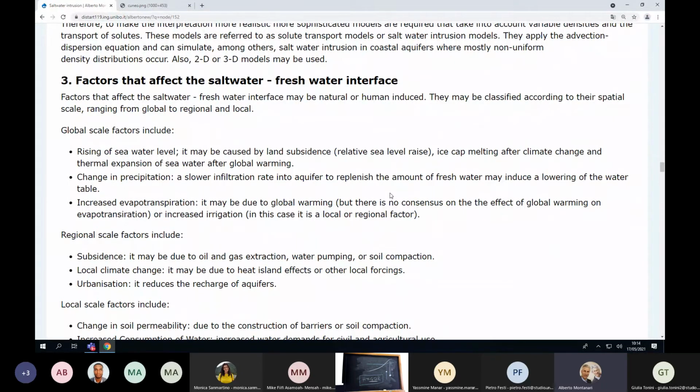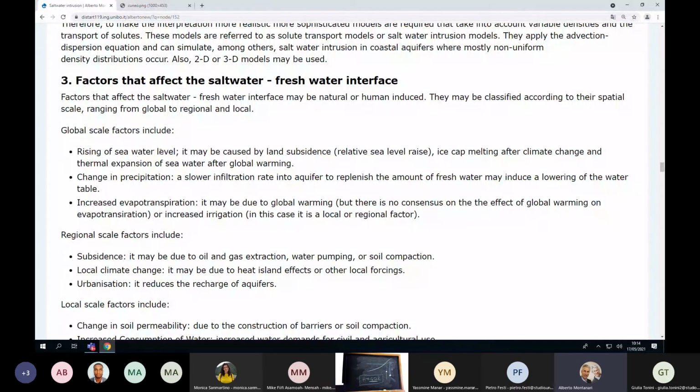And therefore, you have to find solutions. Finding solutions, once the problem is already there, is not easy. And in order to find a solution, we have to know the causes. Remember, if you want to solve a problem, you first have to know its causes. So, what are the factors?